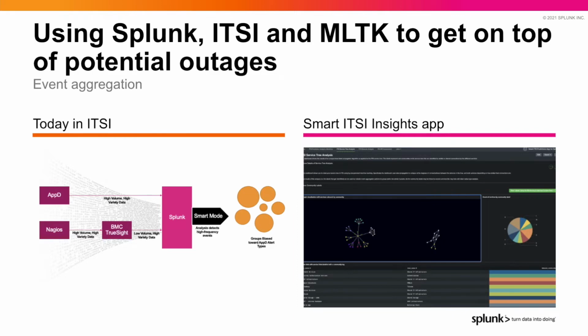So a super simple example, if you have a third-party solution such as TrueSight, as I've got up here, sat in between Splunk and some of your sources, and you have other data sources coming directly into Splunk, because Smart Mode focuses on high frequency features in your alerts, sometimes the sources that have been passed through that third-party solution will get lost in some of the event grouping, or perhaps not prioritized in some of the event grouping.